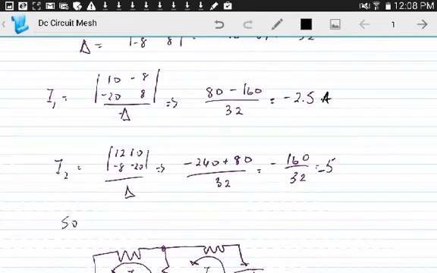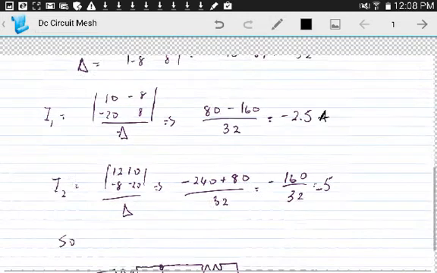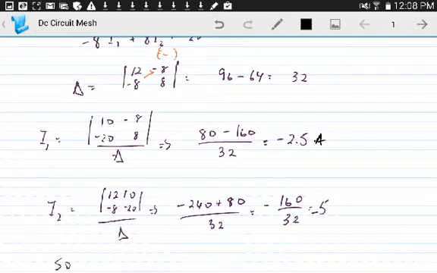We do the same thing here, except we want to solve for I2, so we replace the I2 column with the voltage. 12 times -20 equals -240. Now -8 times 10, and again we have to add that negative, so it's really -8 times -10, which gives a positive 80.